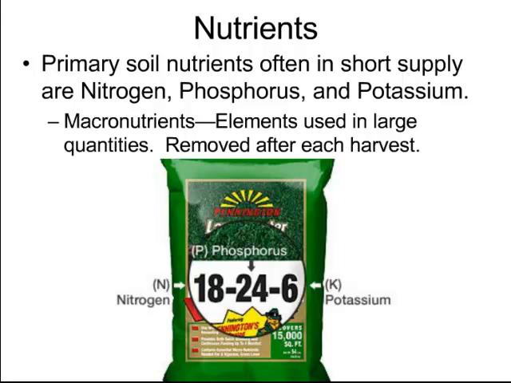NPK. N stands for nitrogen, P stands for phosphorus, and K stands for potassium. So this is the percentage nitrogen, phosphorus, and potassium found in this fertilizer. So in the example on the slide, it's 18% nitrogen, 24% phosphorus, 6% potassium.